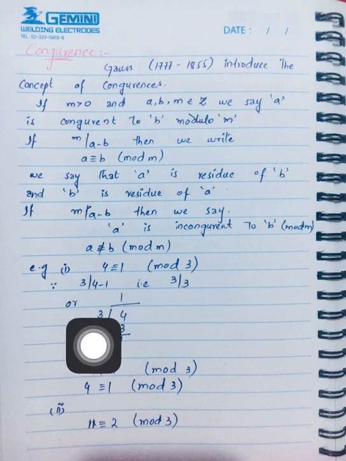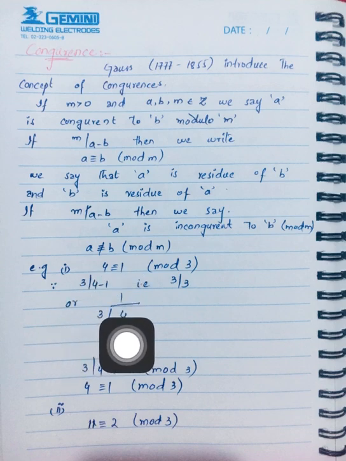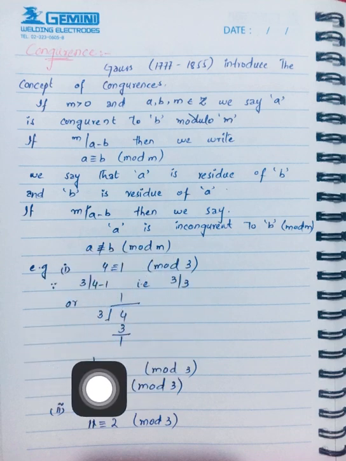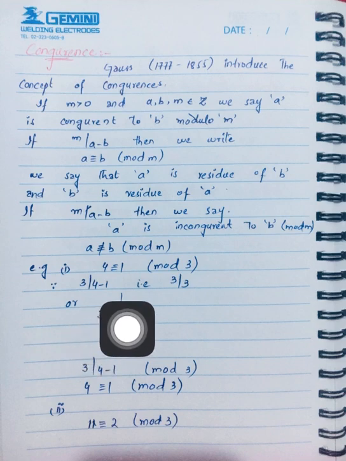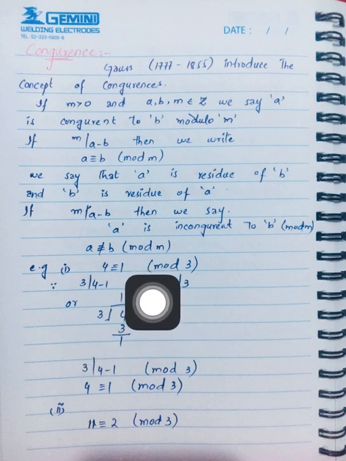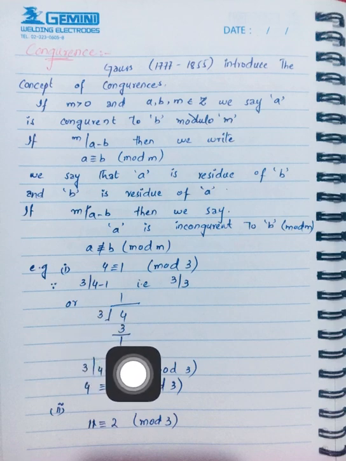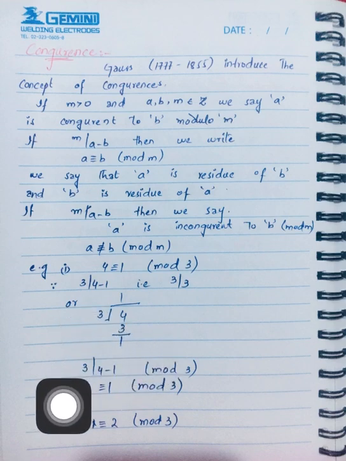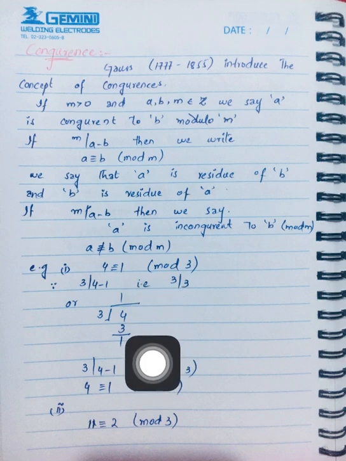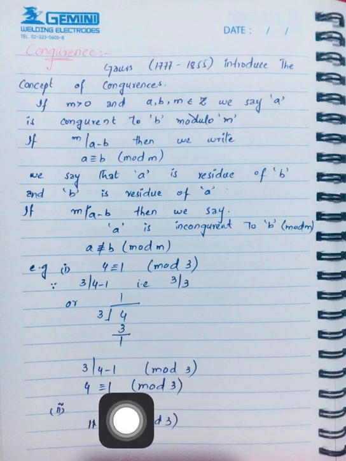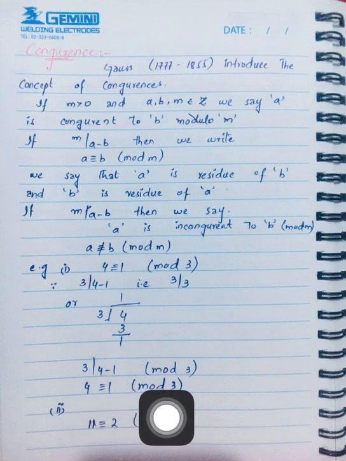Or by simple division, 3 ones are 3, so the remainder is 1. So I can write 3 divides 4 minus 1, and that is basically saying 4 is congruent to 1 in modulo 3.